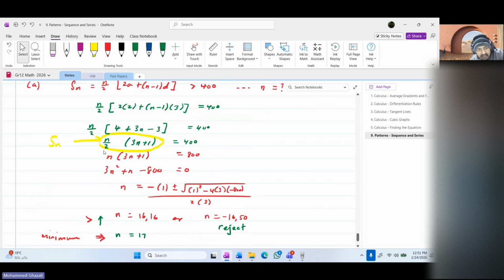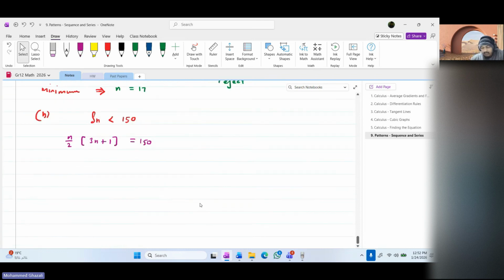Now, multiply both sides by 2, you will get 300 on the other side. And now open everything up, you will get 3n squared plus n minus 300 is equal to 0.